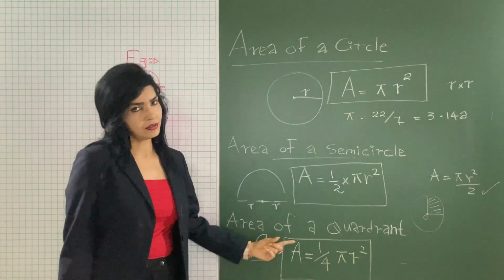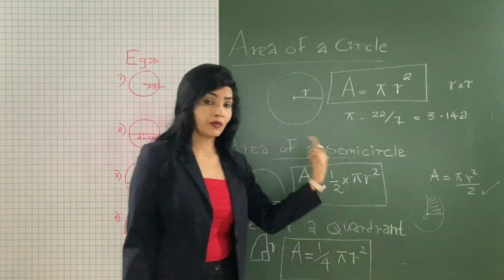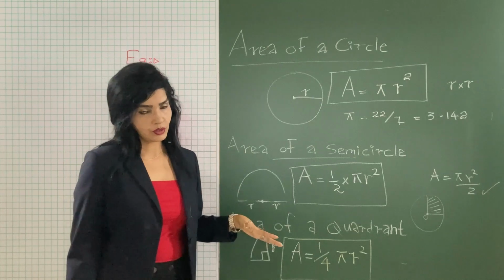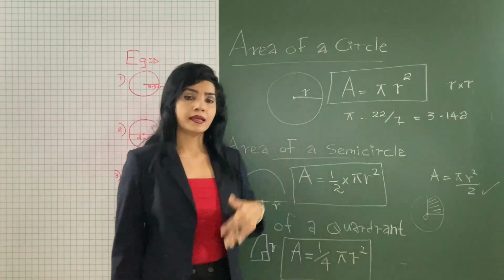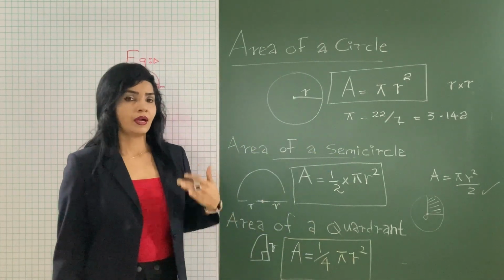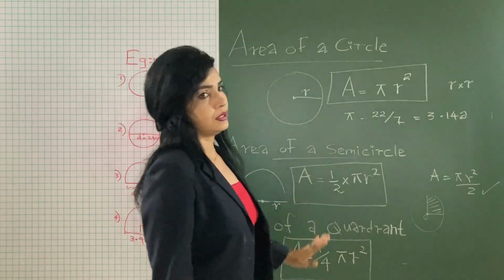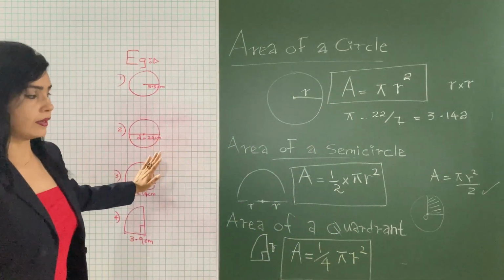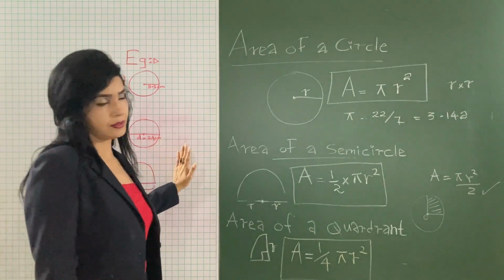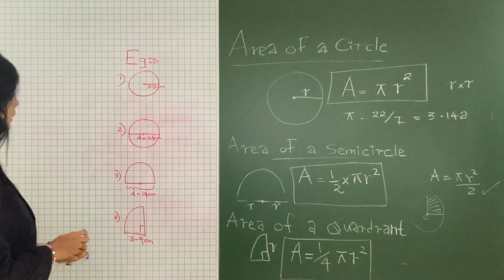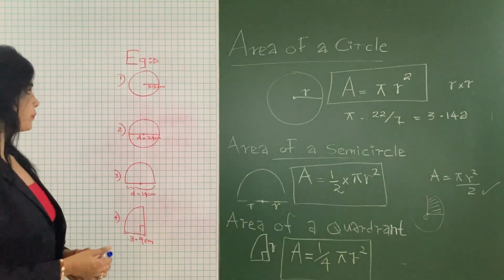Quarter of a circle, quarter into pi r square. 1/5 of a circle, 1/5 into pi r square. 1/8 of a circle, 1/8 into pi r square. So first you learn these three with the examples, and we will come to the next part when we learn the sector area.